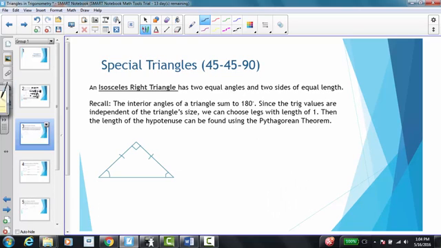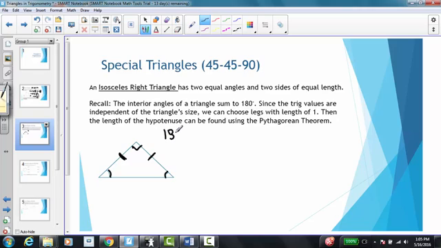All right, so now we're going to talk about the first type of special triangle, an isosceles right triangle. If you remember, an isosceles right triangle has two equal angles, so this angle here equals this angle here, and two sides of equal length, which means this side equals this side. The interior angles of a triangle must sum to 180 degrees, and we have this right angle here.